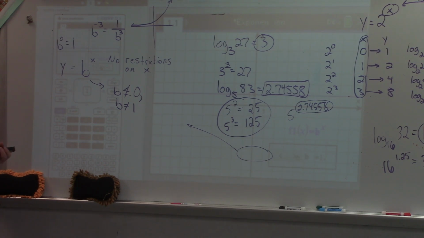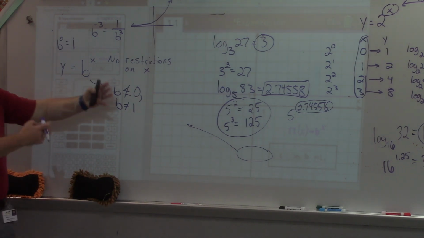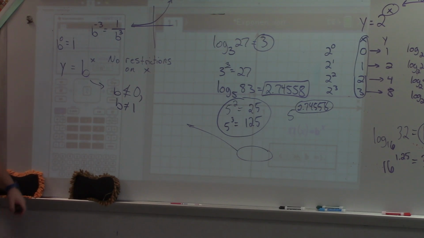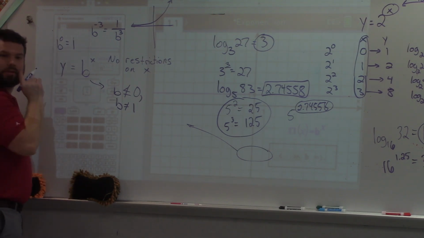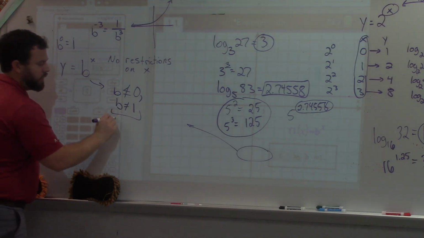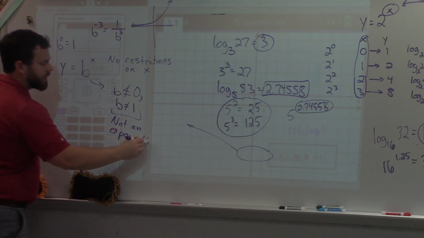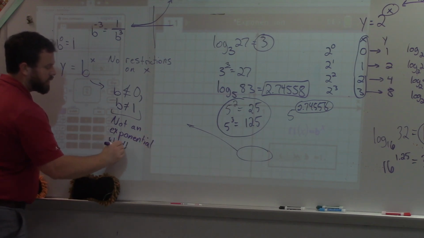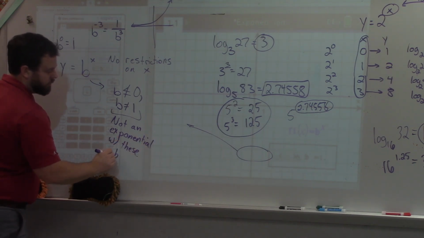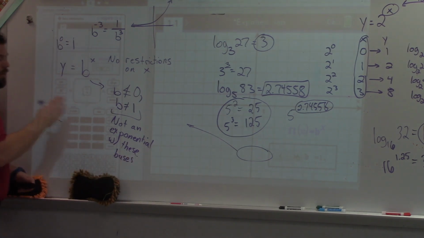It wouldn't be an exponential function, right? Like when I looked at that graph, if b was those values, was it an exponential function? No, Mr. Kinney. Thanks, guys. So, not an exponential with these bases. Notice that's just going back to the calculator. It would not be an exponential with those bases.